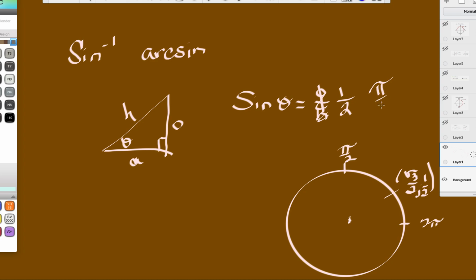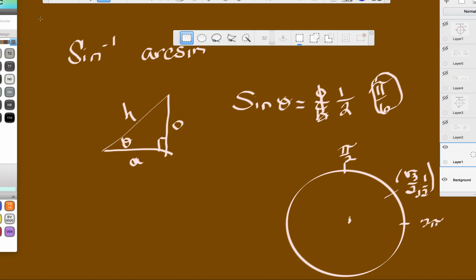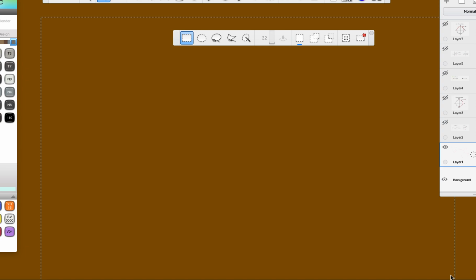My 30-degree angle is pi over 6. So I'm going backward to find my radian measure. That's what arc sine, arc cosine, and arc tan are. We're going to be going through a whole lot of stuff to figure these answers. Let me get rid of this, and we'll start looking at it.